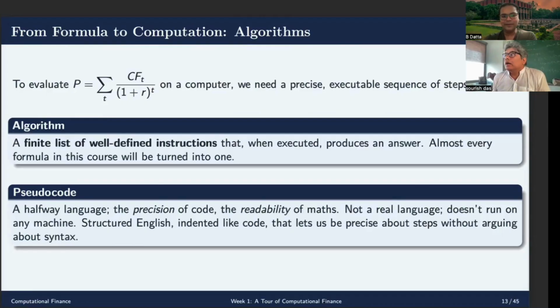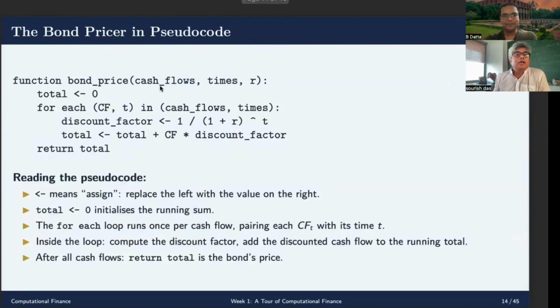So, for example, it is a pseudocode, right? What we are saying to a computer is that this is the name of the function. We are calling it bond price. And we will provide a vector, okay? We will provide a bunch of cash flows.